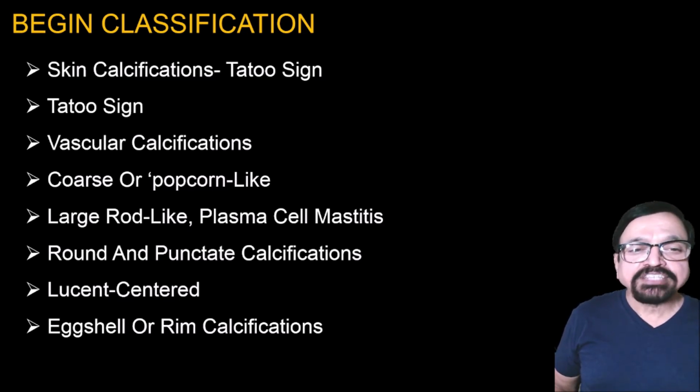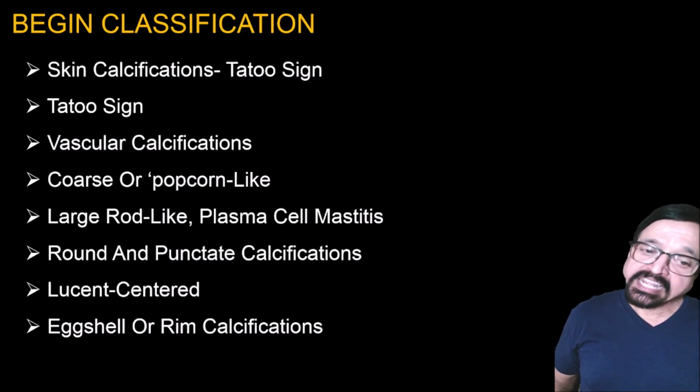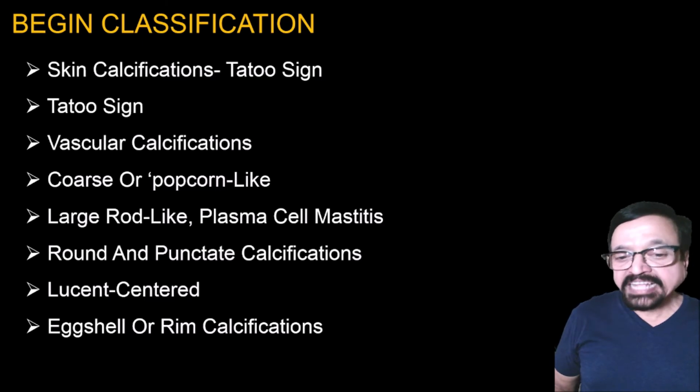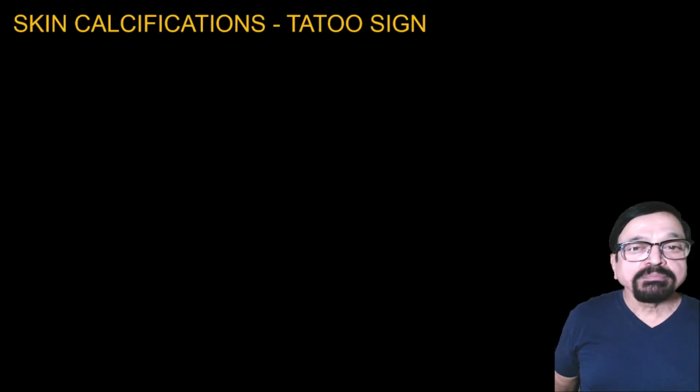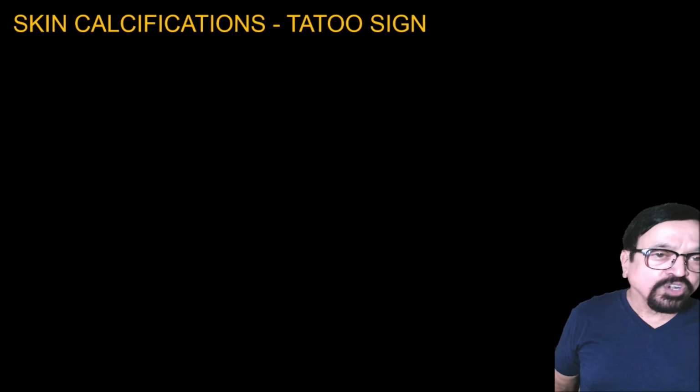Then there can be vascular calcification, coarse or popcorn-like calcification, large rod-like plasma cell mastitis, round and punctate calcification, lucent-centered calcification, eggshell or rim calcification. Please note, all these are benign calcifications. We should know benign ones so that anything in addition to them should be picked up.